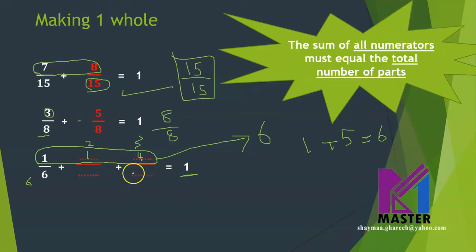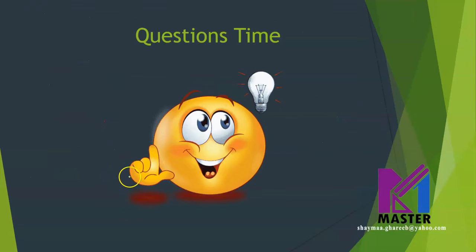What about the denominator? It should be the same, because the denominator is always the number of parts in 1 whole. So the total number of parts is 6, so it will always be 6. Okay, is this clear? So we can answer it many ways.